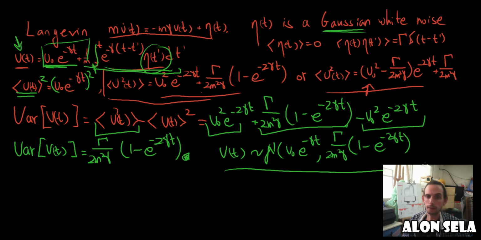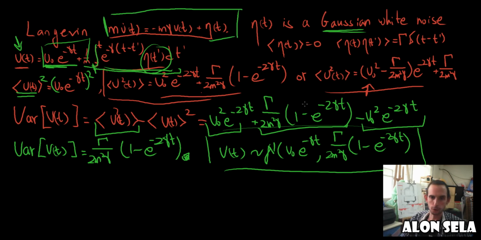So these are the important statistics for the velocity, which are derived from the Langevin stochastic differential equation.